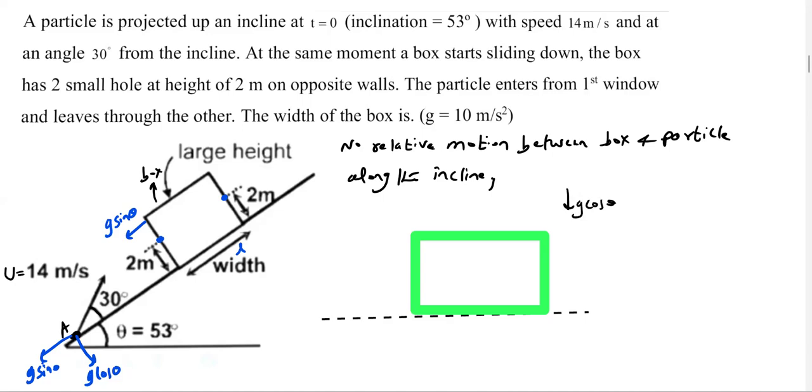We are describing this in the frame of the box, and we are projecting a particle from here at an angle alpha, which will be 30 degrees. This is the assumption we have made.